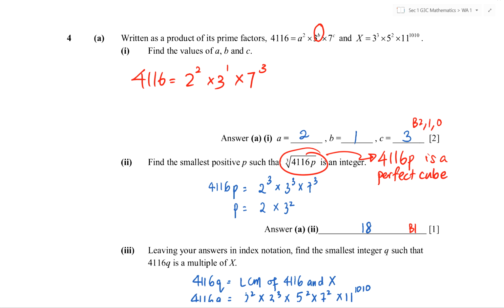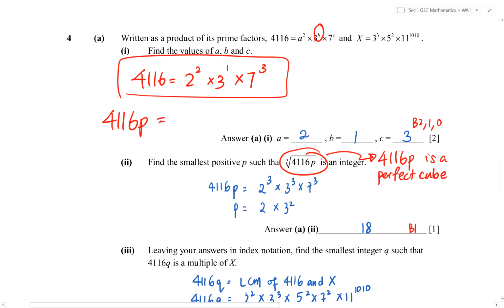So 4116p is a perfect cube. Now we have 4116 over here. So 4116p must be equal to 2 to the power of 2 times 3 times 7.